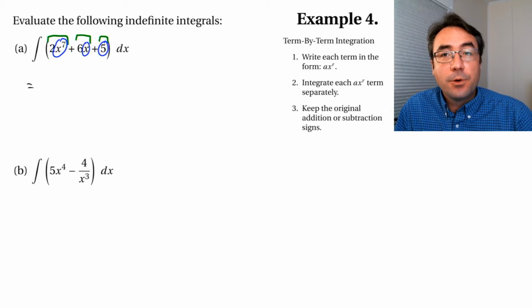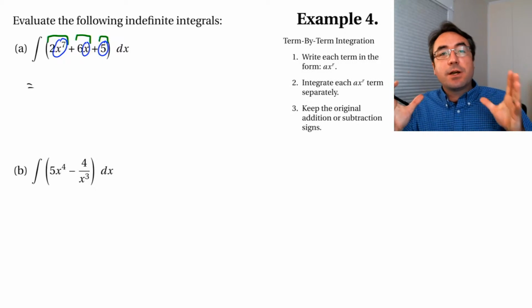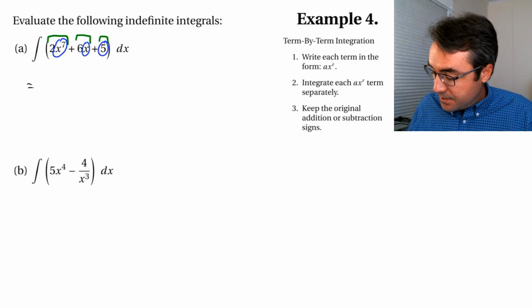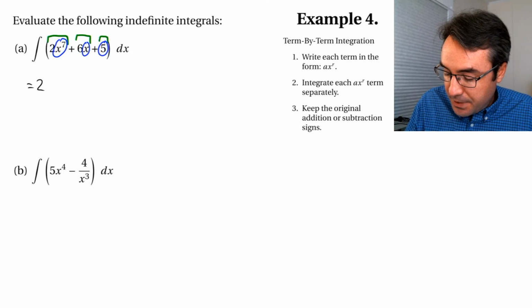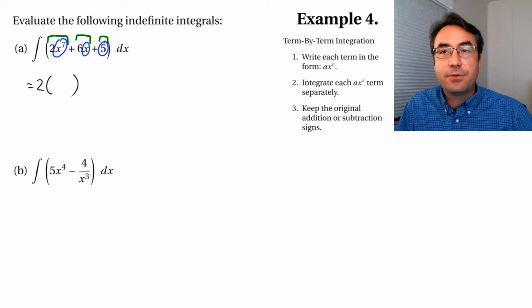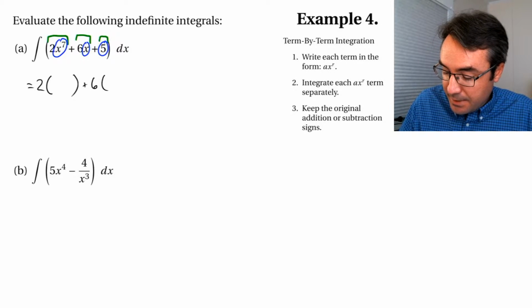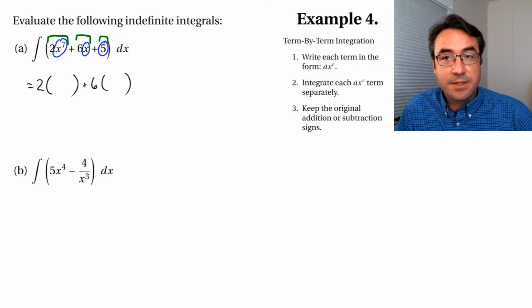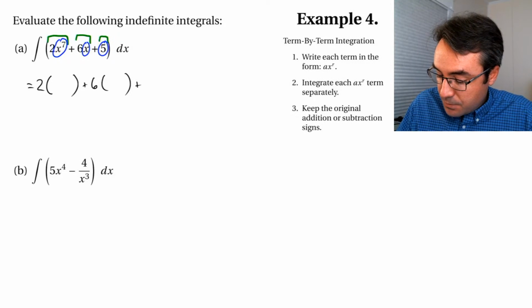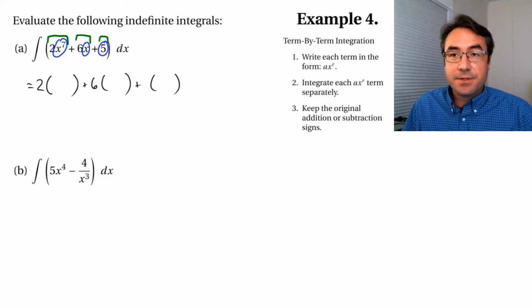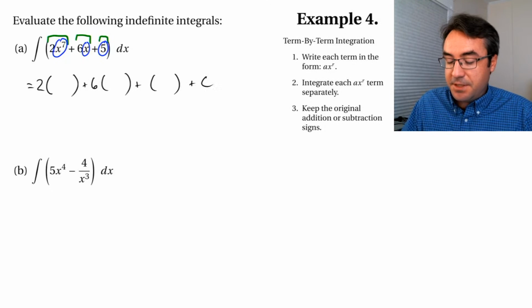And we're going to go through and keep the structure exactly as is. So it'll be 2 times whatever the antiderivative of x to the 7 is, plus 6 times whatever the antiderivative of x is, plus whatever the integral of 5 is, and then we'll put our plus c at the very end.